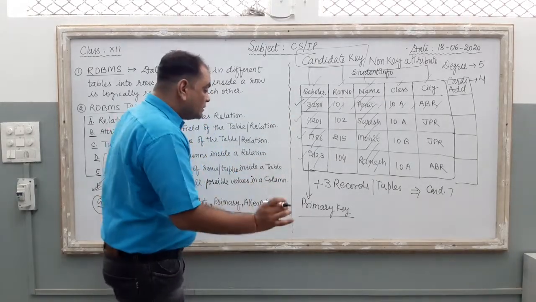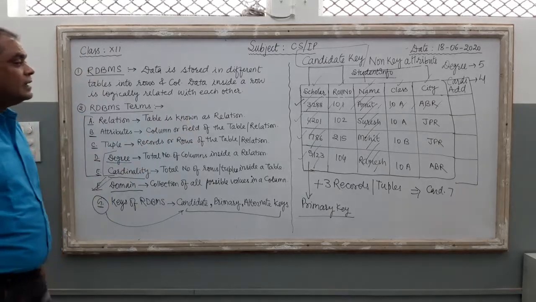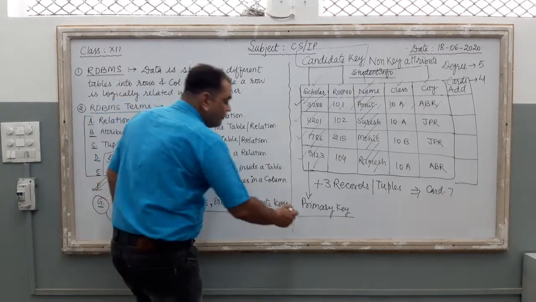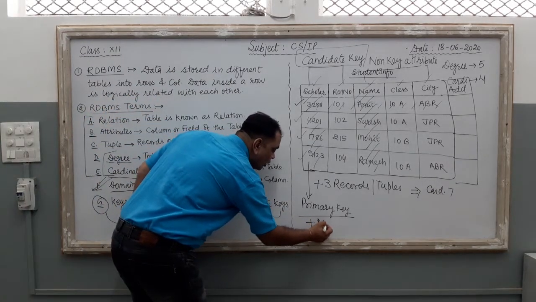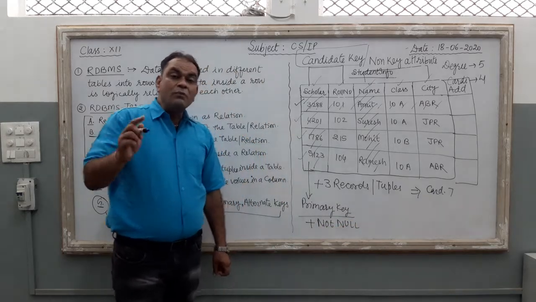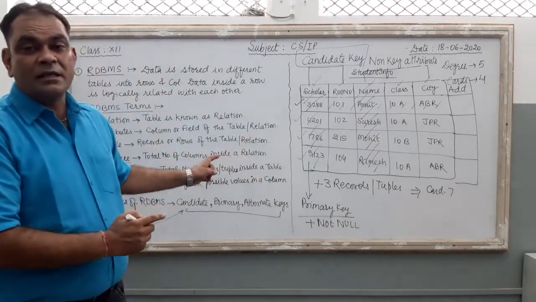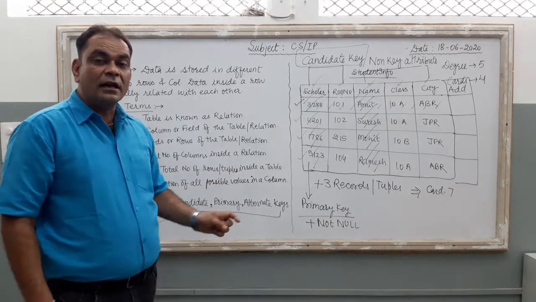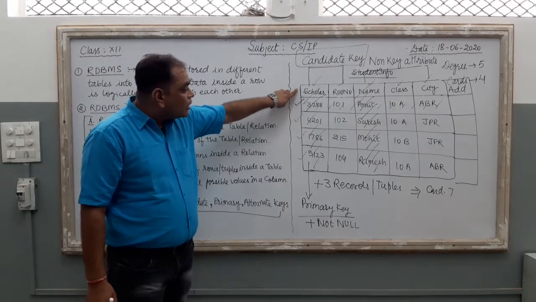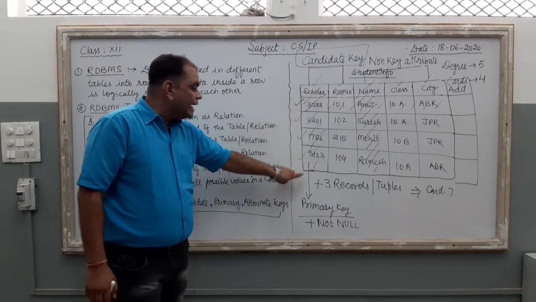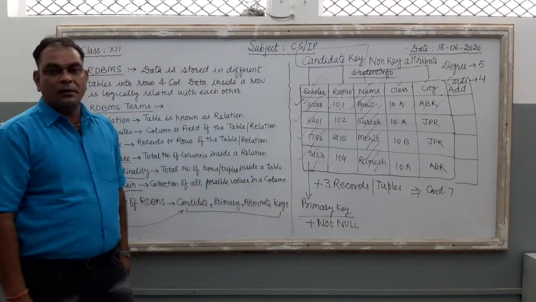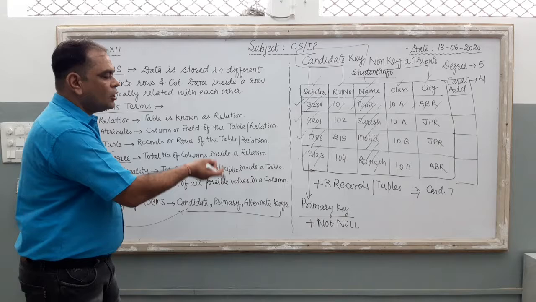Now once you set the scholar number as the primary key of this table, one more concept we should add with this, that is not null. Whichever key you made the primary key, the data in it should not be blank, should not be empty. Not null means non-blank. Now if the scholar number column is set as a primary key, then we should check that there is no blank record in that column. Clear? Primary key plus not null.